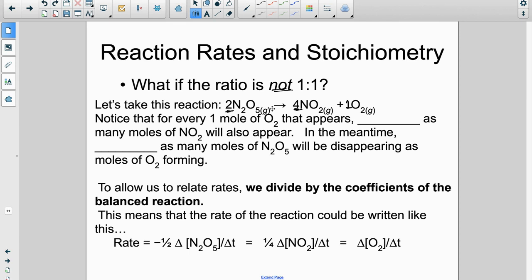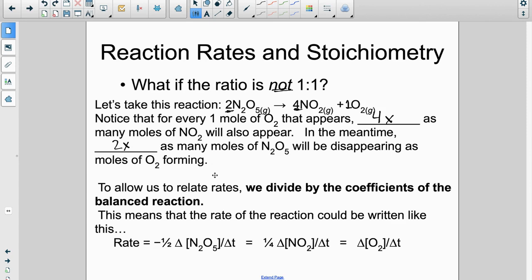So for every 1 mole of O2 that's appearing, you're going to get 4 times as many moles of NO2 appearing. 1 mole of O2 appears, but 4 times as many NO2s appear at the same time. And in the meantime, 2 times as many moles of N2O5 will be disappearing as moles of O2 forming.